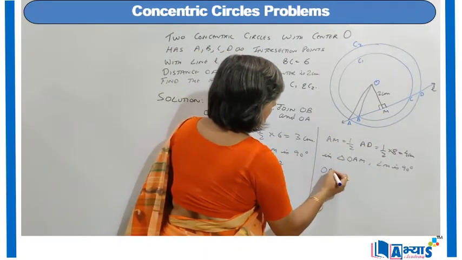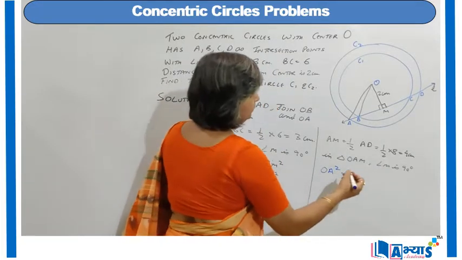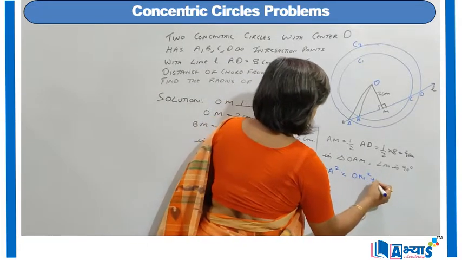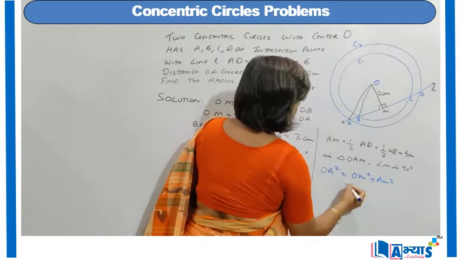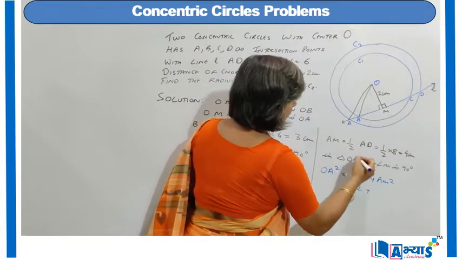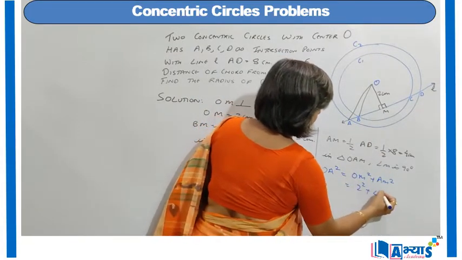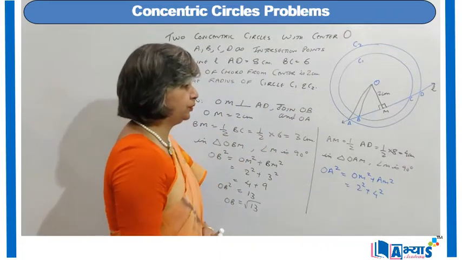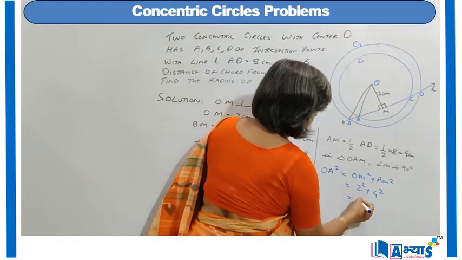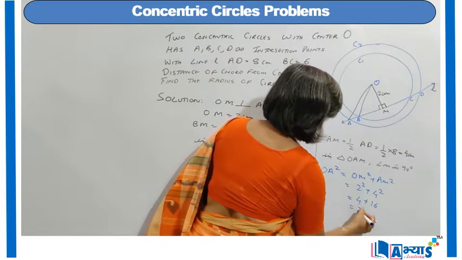So OA square is equal to OM square plus AM square. Now OM is 2 centimeter and AM is 4 centimeter. So it is 2 square plus 4 square, which is 4 plus 16, that is 20.